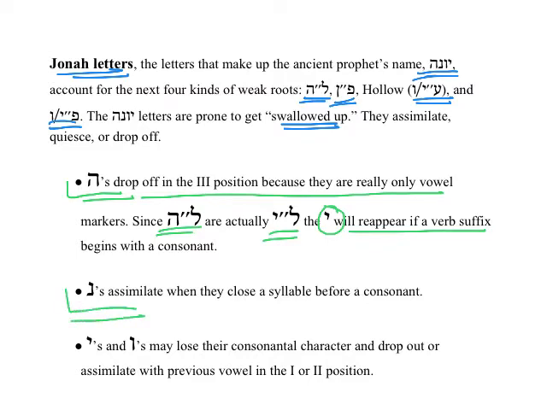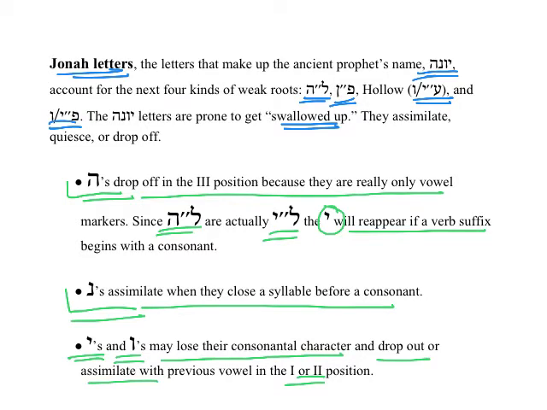Nuns, as they often do, assimilate whenever they close a syllable, and this happens especially in imperfects and vav consecutive imperfects in verb conjugations. And again, yods and vavs can lose their consonantal character and then either drop out or assimilate when they're in the pei or the ayin position.